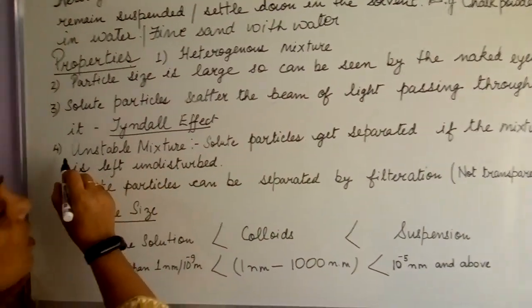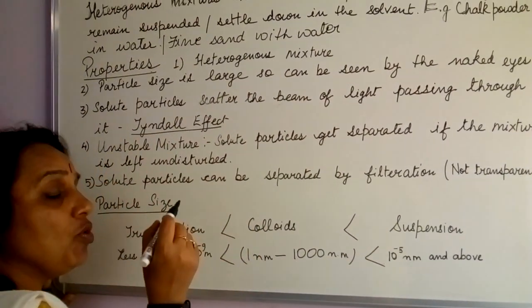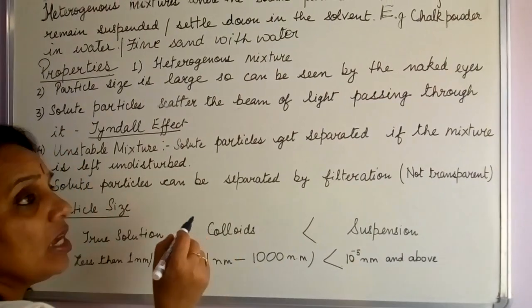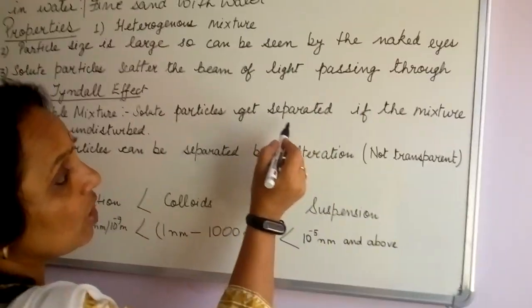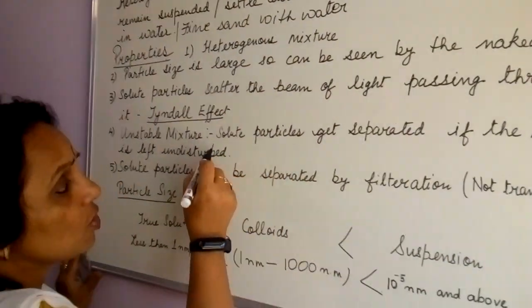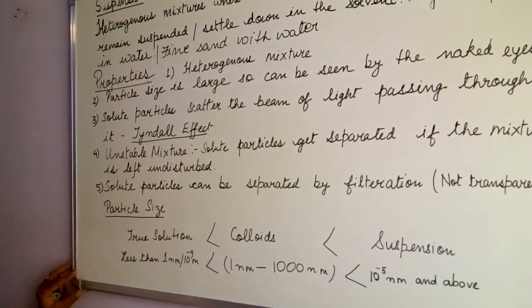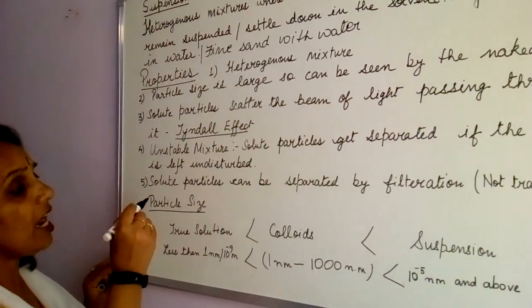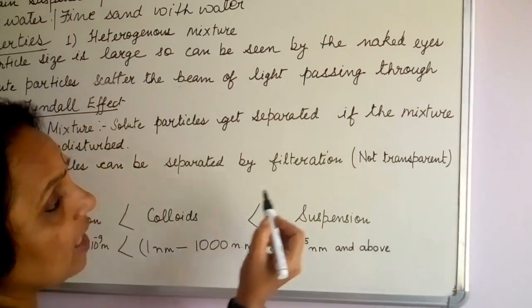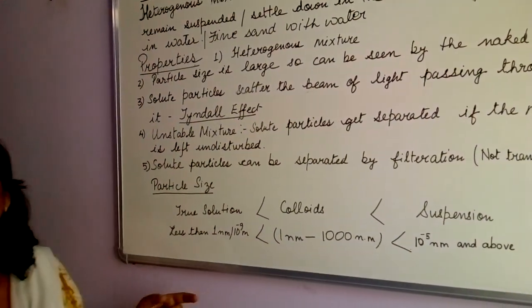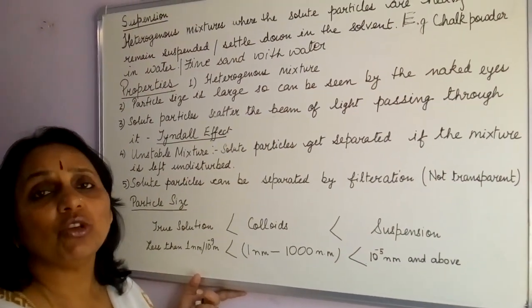The suspensions form an unstable mixture. Unstable mixture means if you leave a suspension as such and do not disturb it, then you will see that the solute particles slowly get separated. And the last property is that the solute particles are large enough so they can be separated by filtration, because the filter paper pores are small compared to the solute particles.